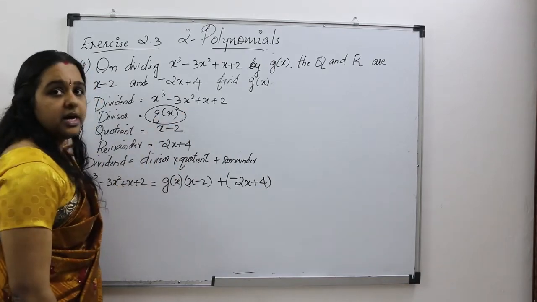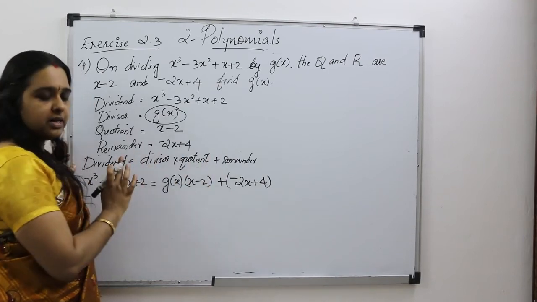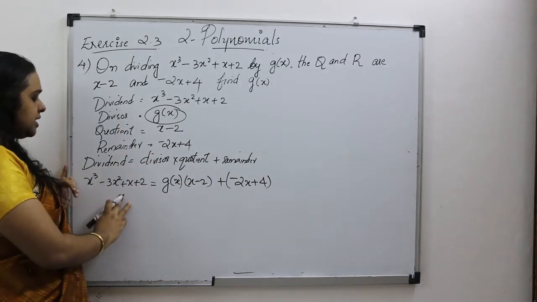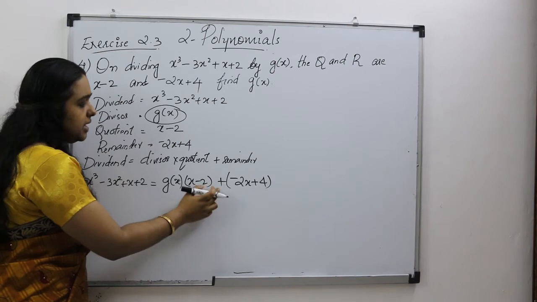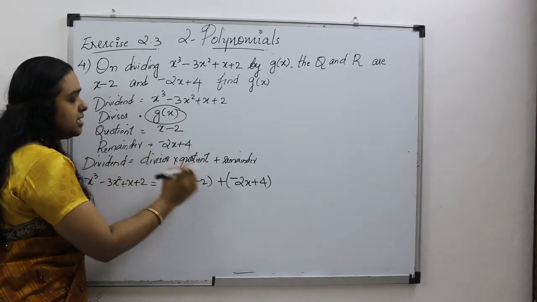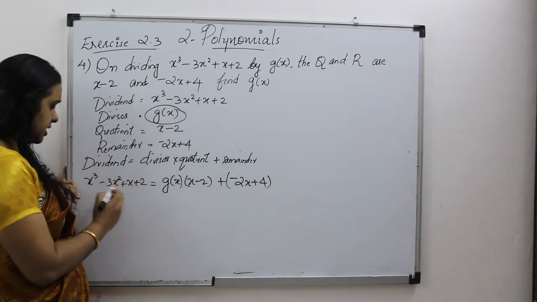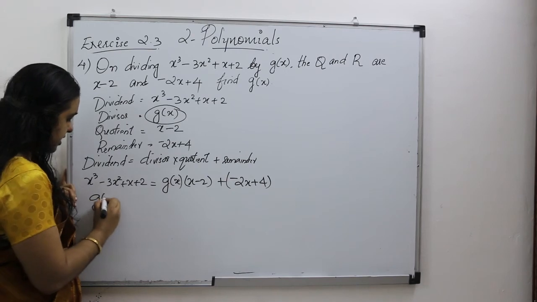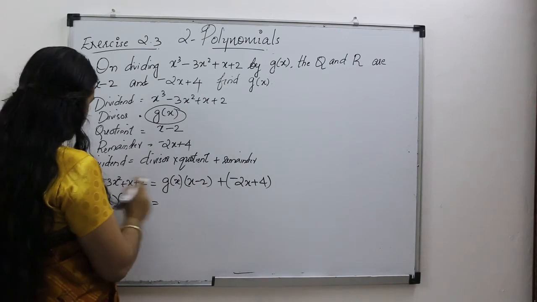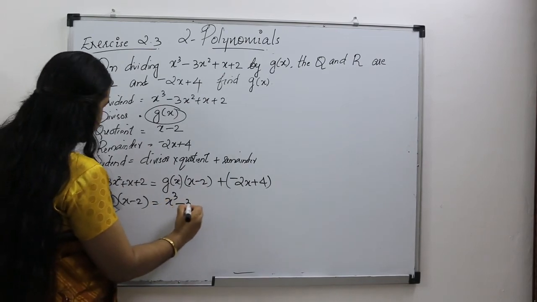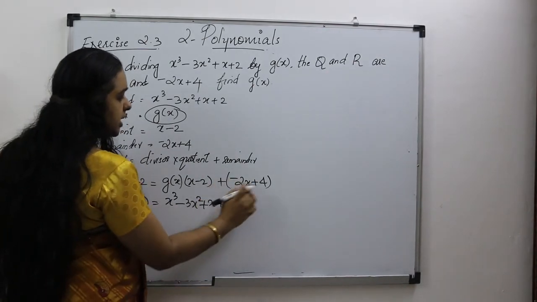We know that dividend equals divisor into quotient plus remainder. By direct substitution, x cube minus 3x square plus x plus 2 equals g of x into x minus 2 plus remainder minus 2x plus 4. From here, what is g of x? We will write it here: g of x into x minus 2 equals, we'll subtract, x cube minus 3x square plus x plus 2 minus minus 2x plus 4.